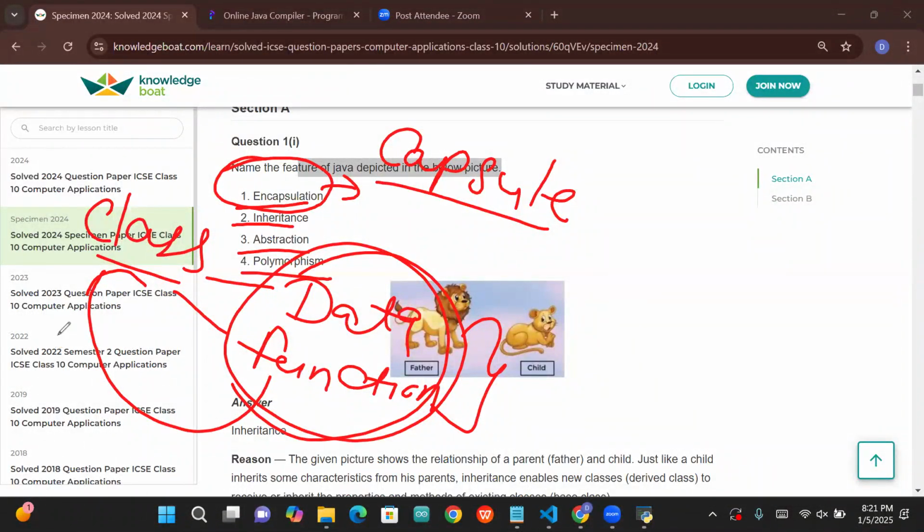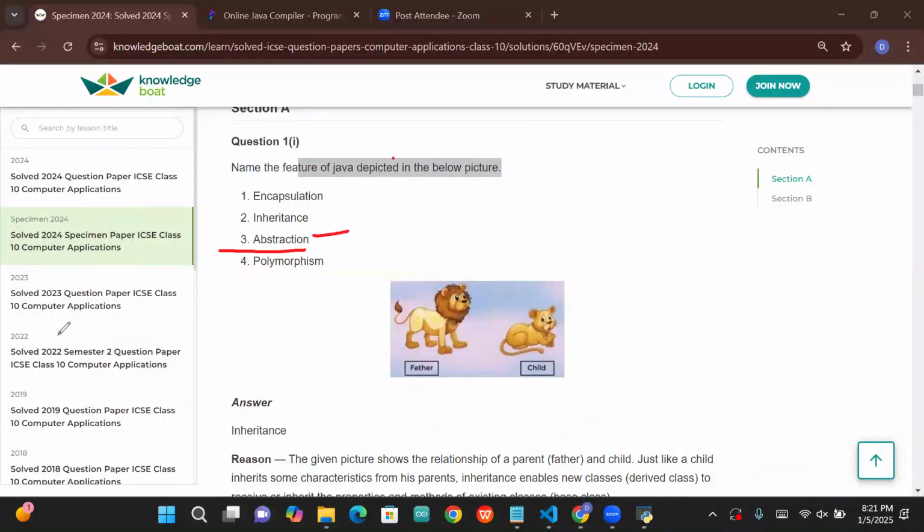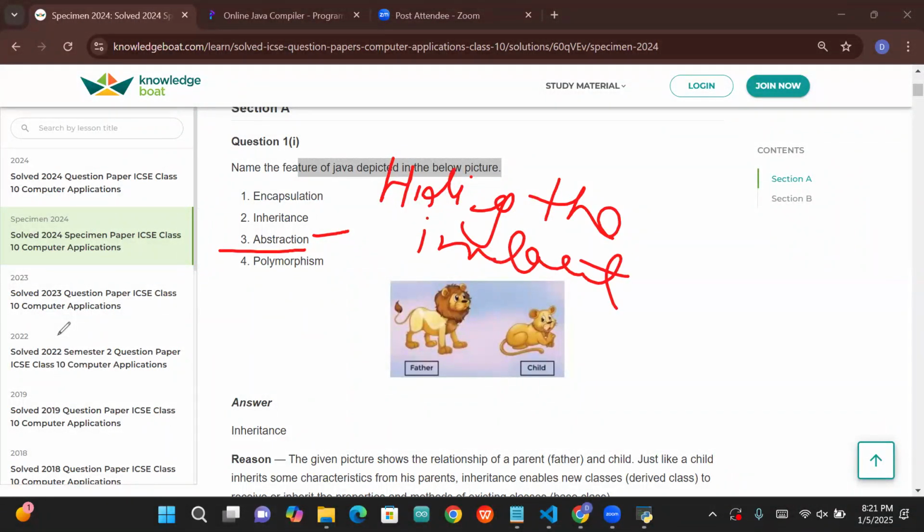Third one is abstraction. Abstraction means hiding the irrelevant property. Whatever is useful, we want to show only that to the end user. Take the example of your TV.